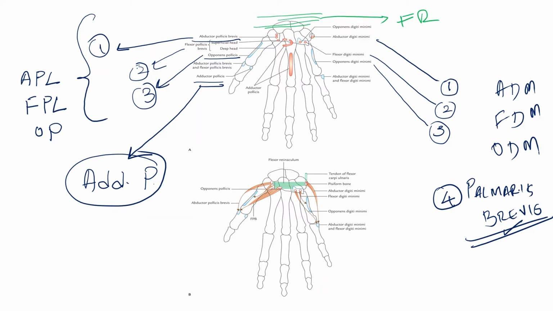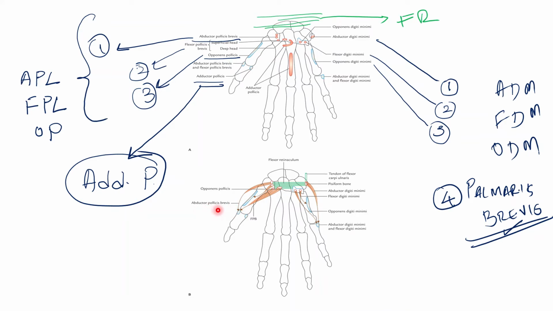From this point of origin, the abductor pollicis brevis descends distally to reach the proximal phalanx, and it gets inserted onto the radial side of the proximal phalanx of the thumb over its palmar surface. So this is about the insertion of the abductor pollicis brevis.